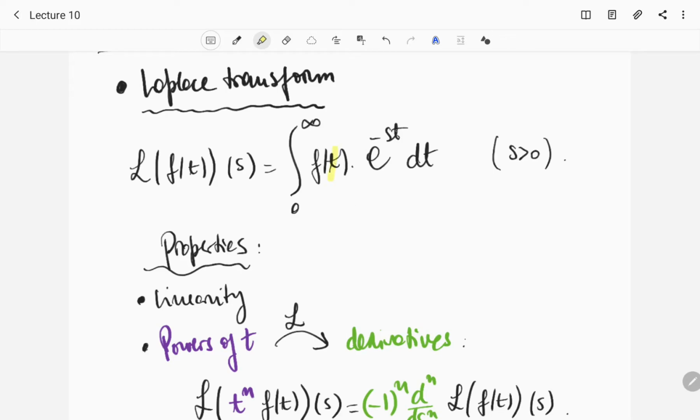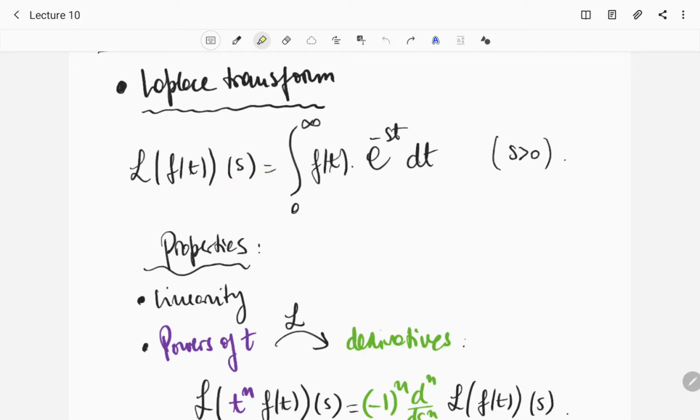Just observe that here we have the variable t and we are integrating in t, so as a result, this function depends on s. That's why we have here this guy.